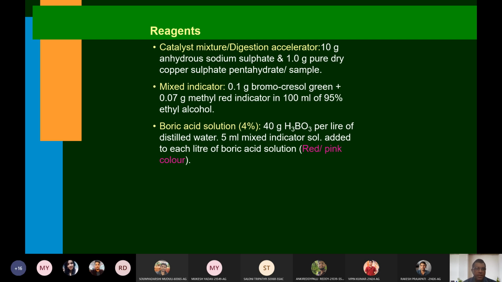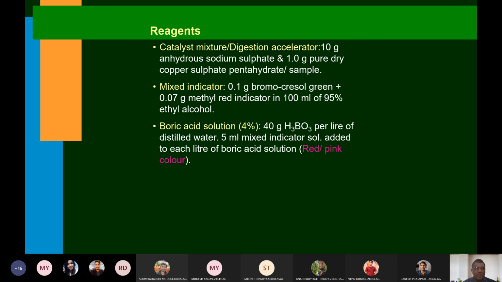Anhydrous means there is no water. If water is there, the reactivity of the compound decreases. And 1 gram pure dry copper sulfate pentahydrate. So you take them in the ratio of 10 to 1, and this quantity per sample is required.